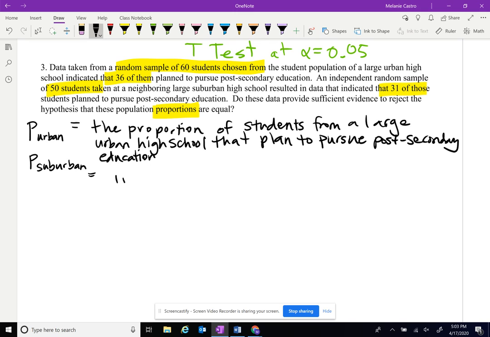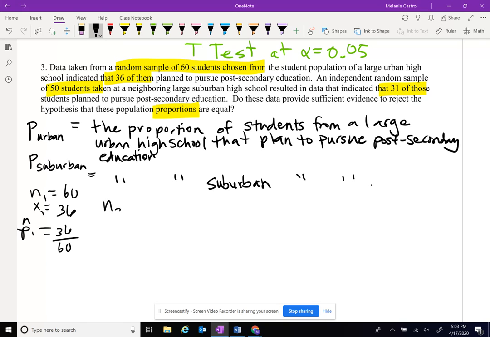And then we can kind of cheat for suburban. Okay. Suburbia. We had a bunch of information given to us in that. So like we had n sub 1, we had 60. Out of those, how many of them said that they would? So we technically have a p hat given to us.